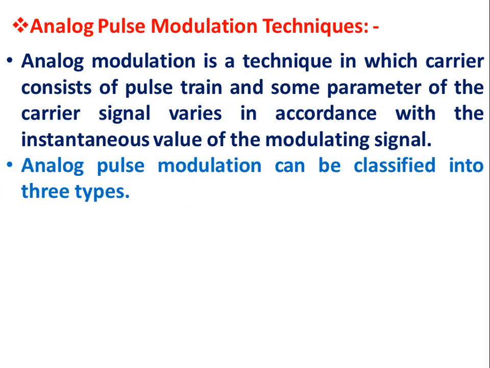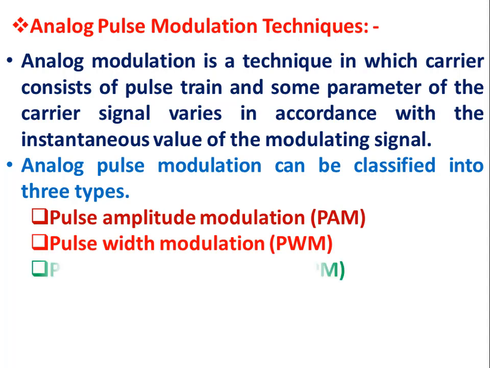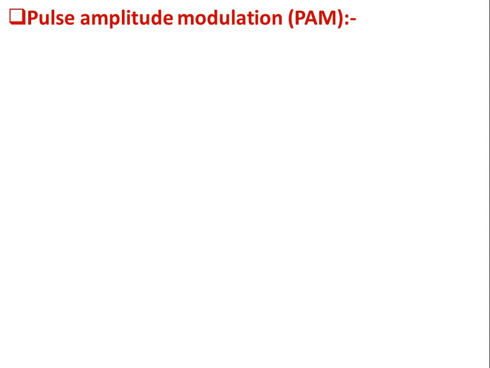Analog pulse modulation can be classified into three types such as pulse amplitude modulation, pulse width modulation and pulse position modulation. So these are the three categories of analog pulse modulation which we are using to produce the pulse modulated output. Let's begin with the first type, that is pulse amplitude modulation.